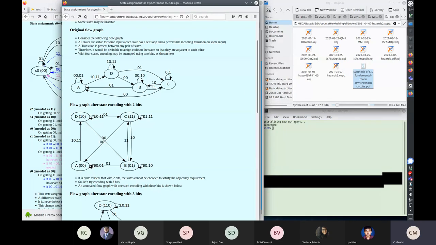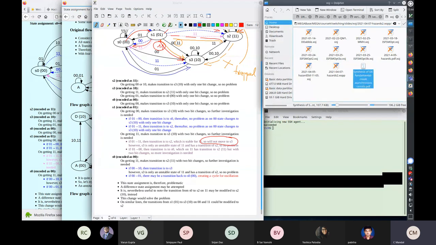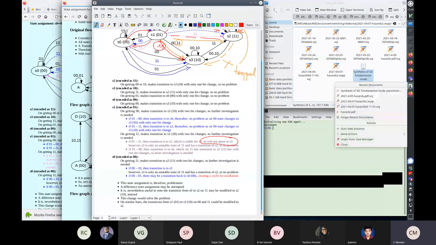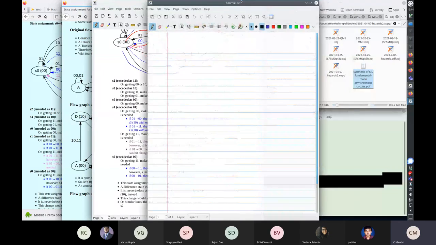So let me just draw a hypercube here. I'm drawing several hypercubes. So this is a single bit hypercube. You have 0 and you have 1, and then this is a single bit change.